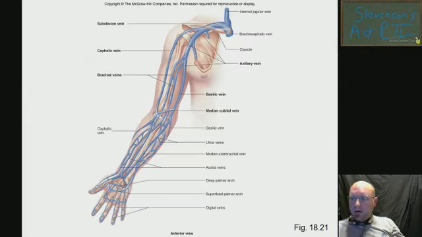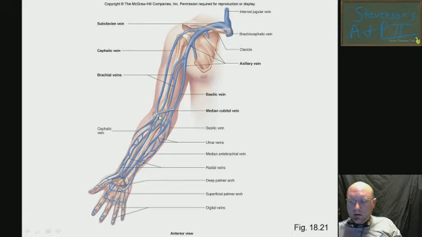So here we see the blood vessels in the arm. We saw the arteries before. Now we're going to look at veins. We see the subclavian up top. Remember, it goes through the shoulder, underneath the clavicle. That's why it's subclavian. It comes into the arm, and then you have the cephalic vein, your axillary veins, and brachial veins.